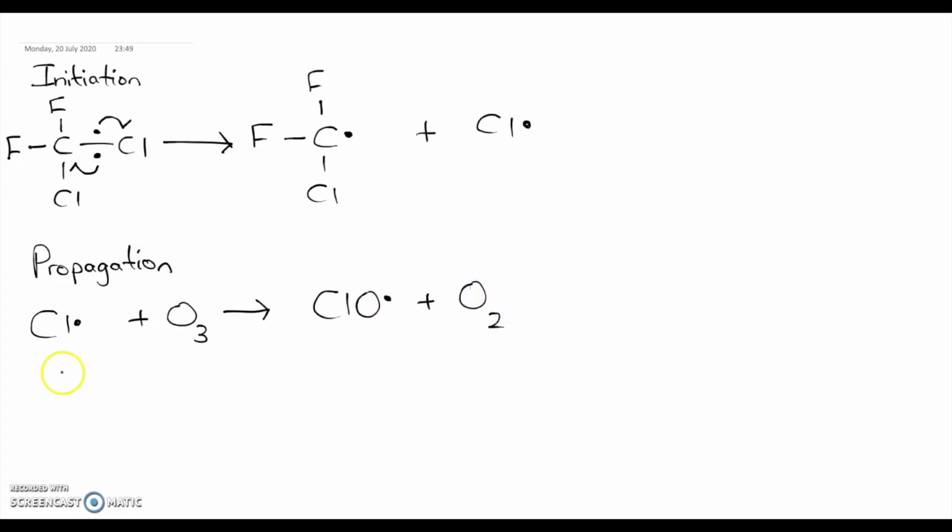And then this ClO radical can react with more O3 to produce 2 molecules of oxygen and a Cl radical. So this Cl radical has been regenerated and can keep on decomposing ozone to O2.